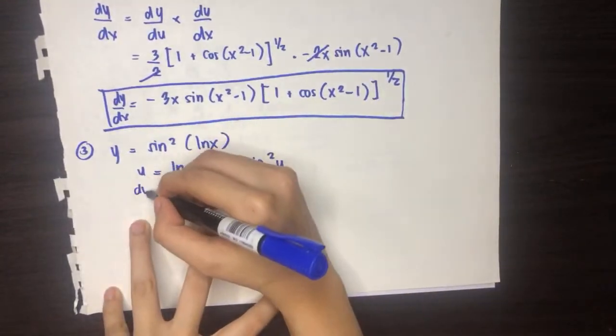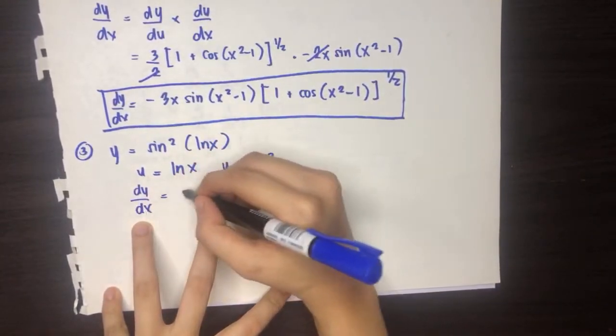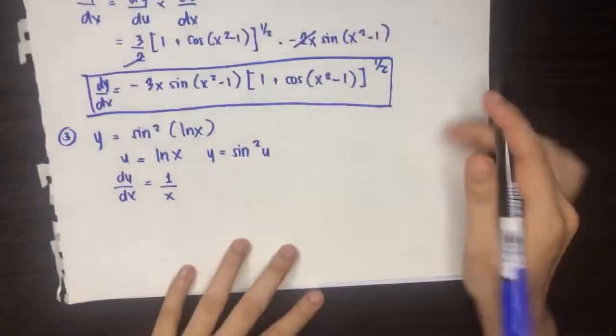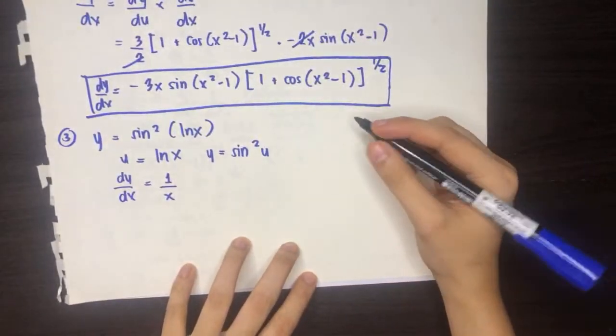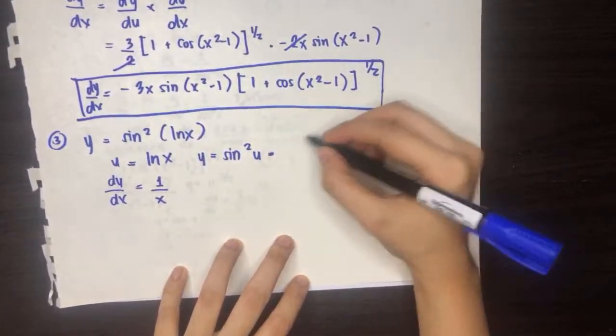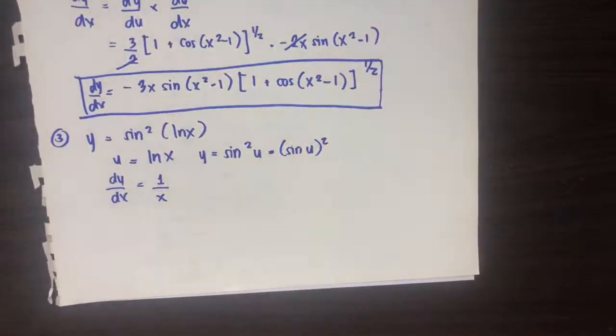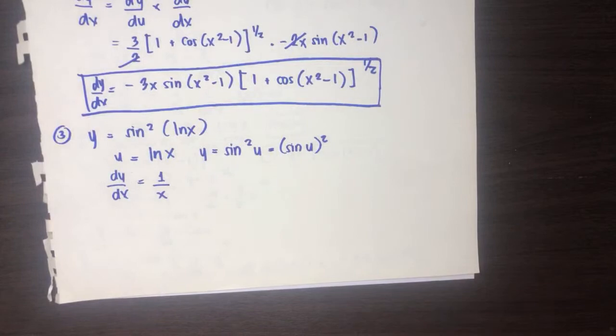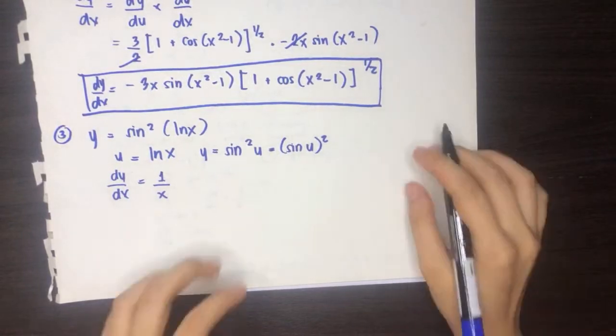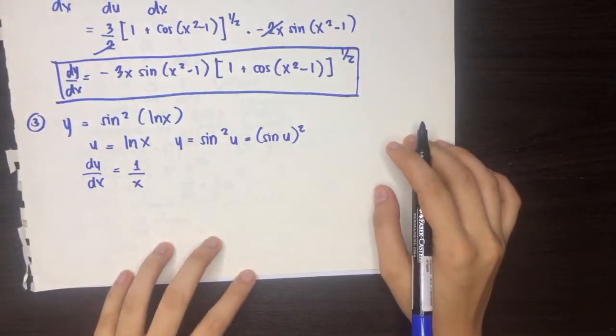So, du over dx is 1 over x. So, dito, pwede mo rin siyang isulat as sine of u squared. So, gagamitan ulit natin siya ng chain rule.